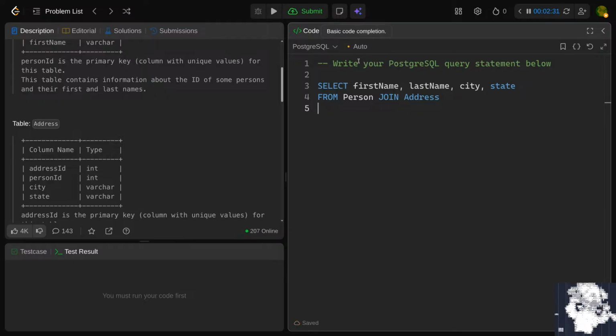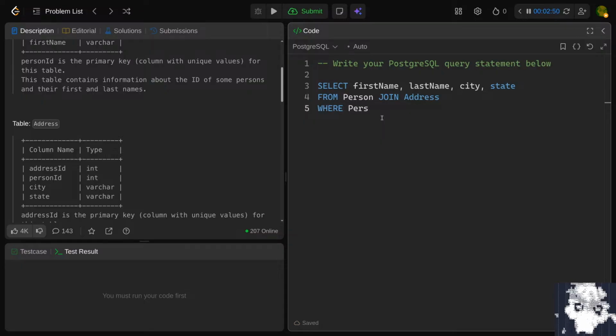Join address. It's highlighting stuff a little weird. I wonder if I'm supposed to have quotes around these. I actually can't remember Postgres syntax that well, but we'll see.